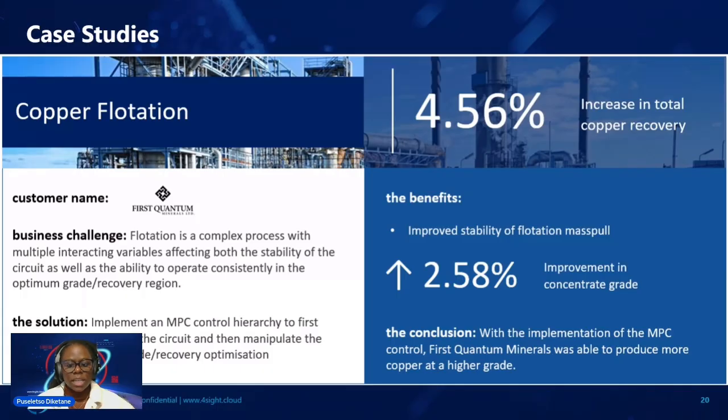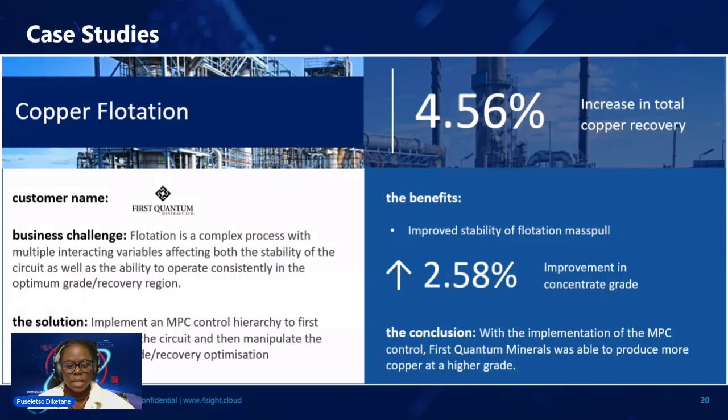Now, they were also facing challenges with maintaining their product grade within spec, which resulted in them not being able to accurately control the recovery of their process. So through the implementation of the APC and applying the solutions that we discussed earlier of decoupling the flotation cells and accurately capturing the dynamics of the process, the client was able to get an approximately 3% improvement in their concentrate grade and about a 5% increase in their total copper recovery.